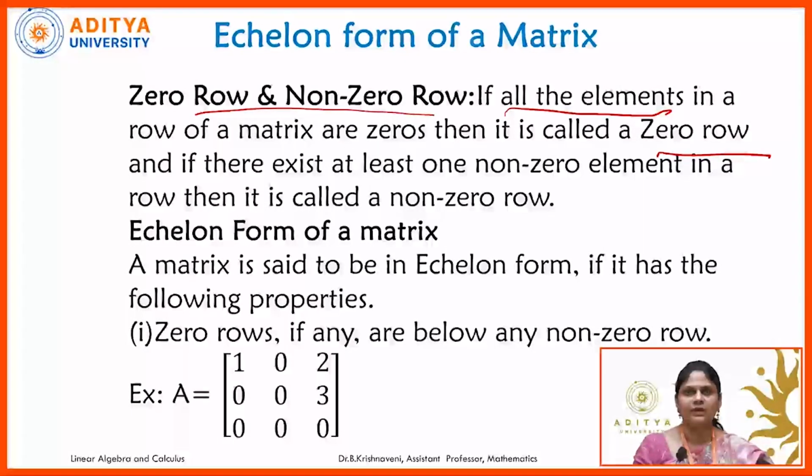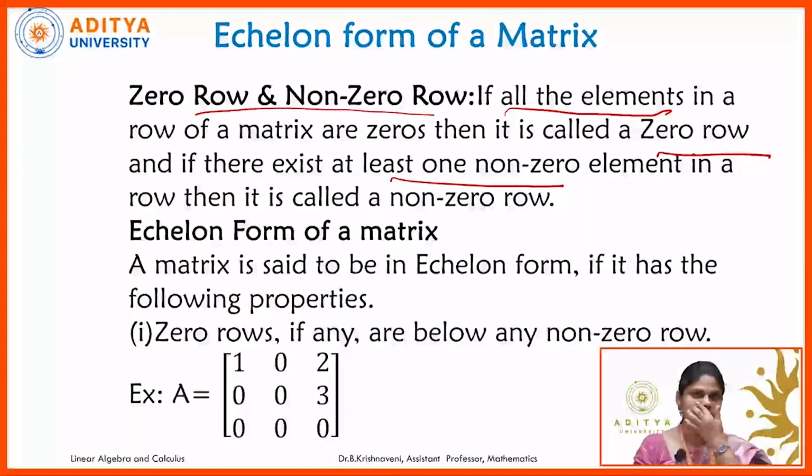And if there exists at least one non-zero element in a row, we call it a non-zero row. I repeat, if the row consists of all zeros, we call it a zero row, and if the row contains at least one non-zero element, we call that row a non-zero row.